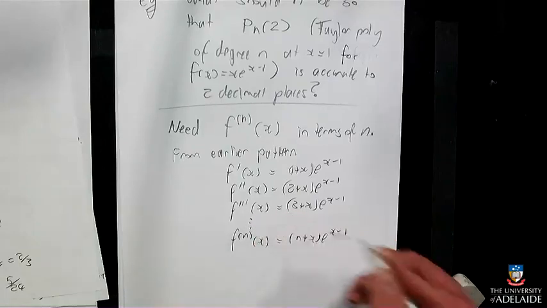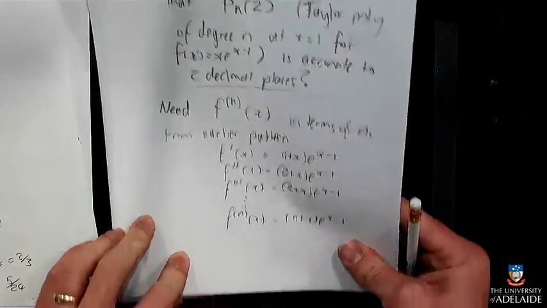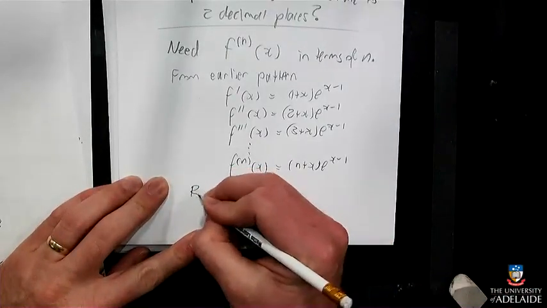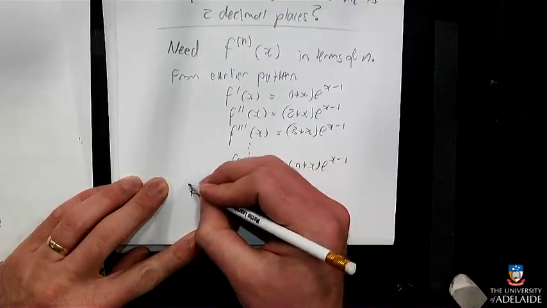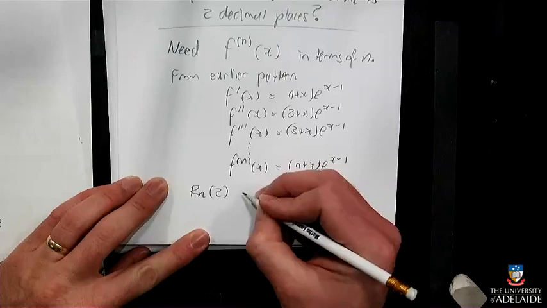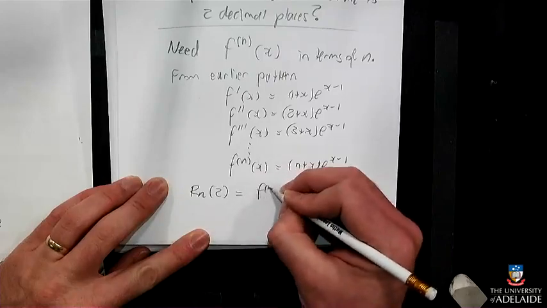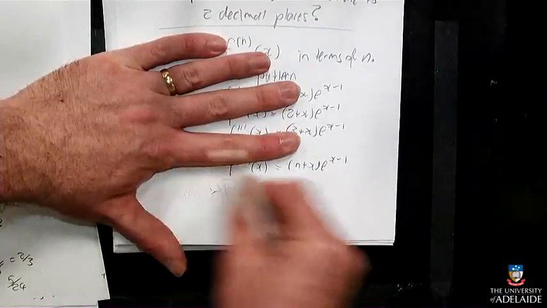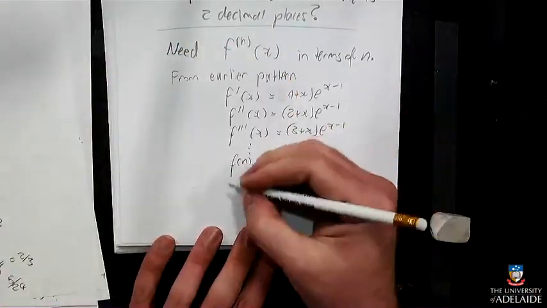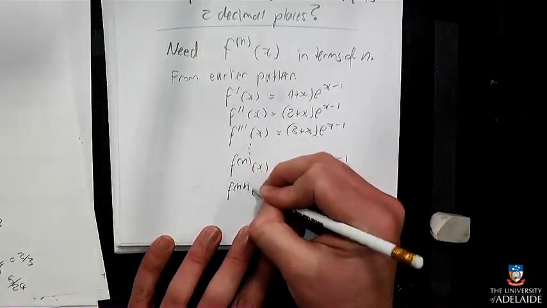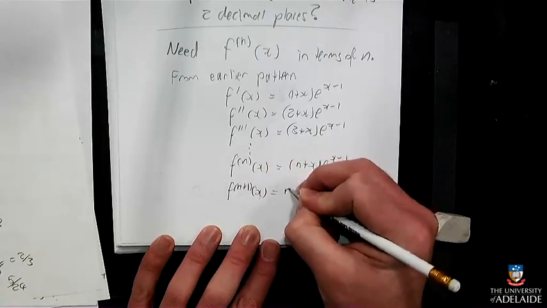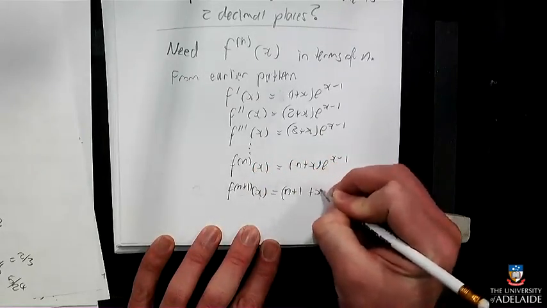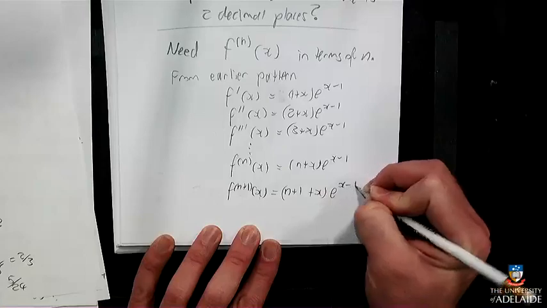Okay. And so that means that the remainder Rn for 2 is f^(n+1). Oh, we need a formula for that, won't we? Just a second. We actually need n plus 1. Right.